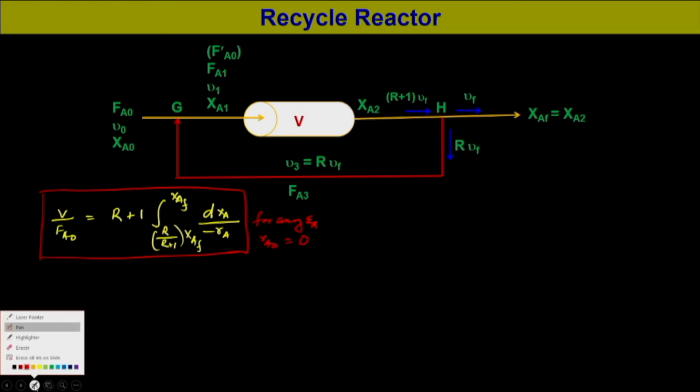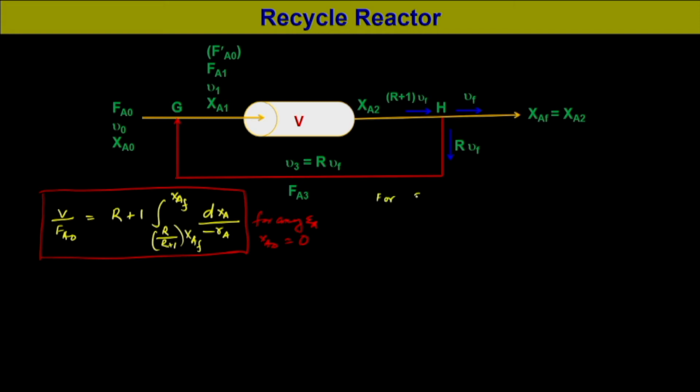Now, if we consider CA1 for epsilon A equal to 0, we can write CA1 is equal to CA naught into 1 plus R minus R XAF divided by R plus 1.